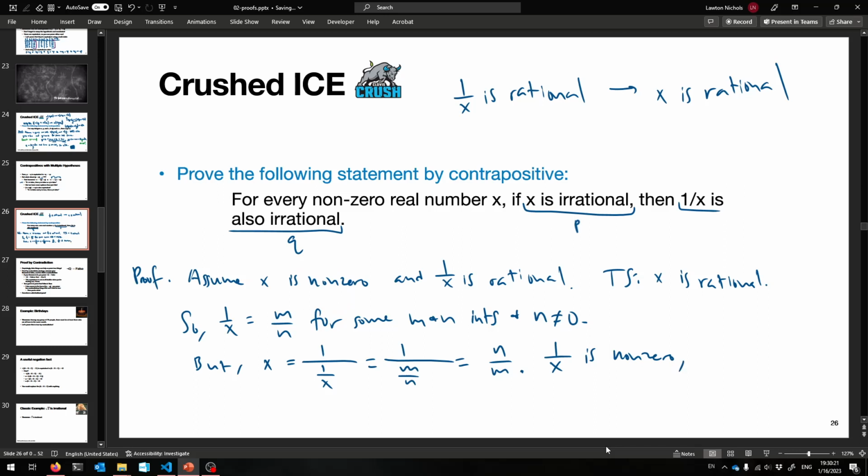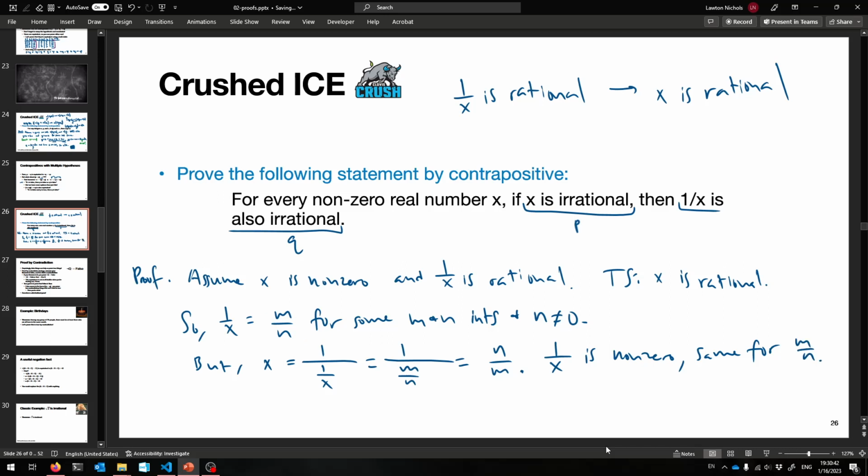And that means if you take the reciprocal of a non-zero number, you still have a non-zero number, right? Maybe it got bigger or smaller, but there's no difference. Same for m over n, because that's what 1 over x is. That's equal to m over n.